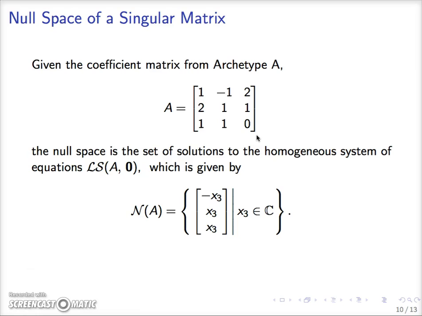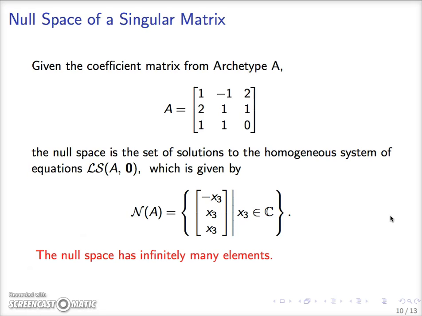The null space of the matrix is exactly equal to the solution set of the linear system that has the matrix A as the matrix of coefficients and a vector of zeros. So this null space has infinitely many elements. There are absolutely a large number of members in this set.